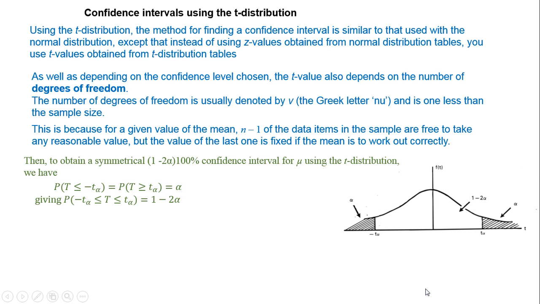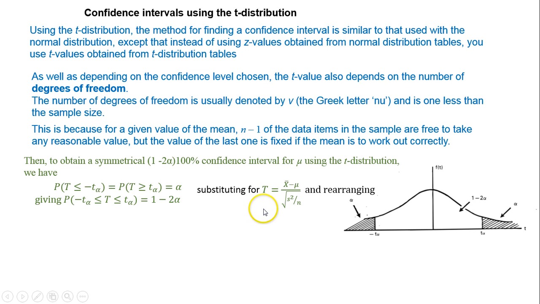So the probability of t less than minus t sub alpha, and t greater than t sub alpha, so the probability for the two ends is alpha. Putting those together, we need 1 minus 2 alpha for the gap in the middle.